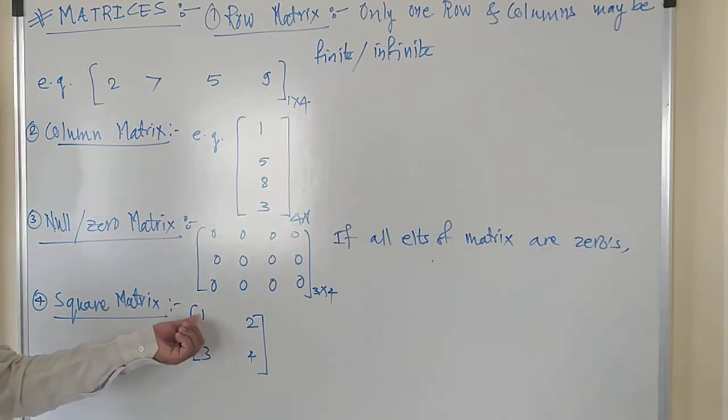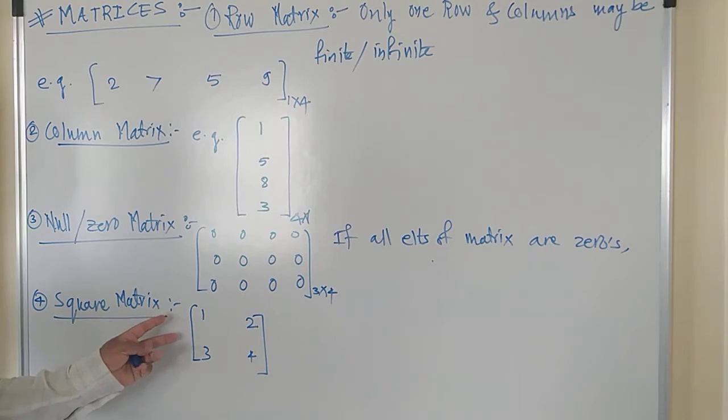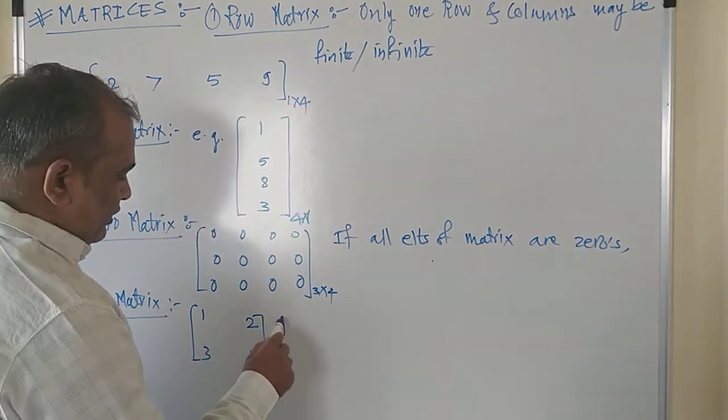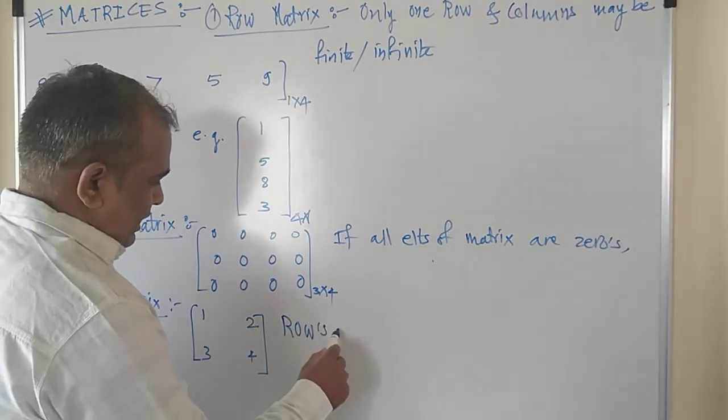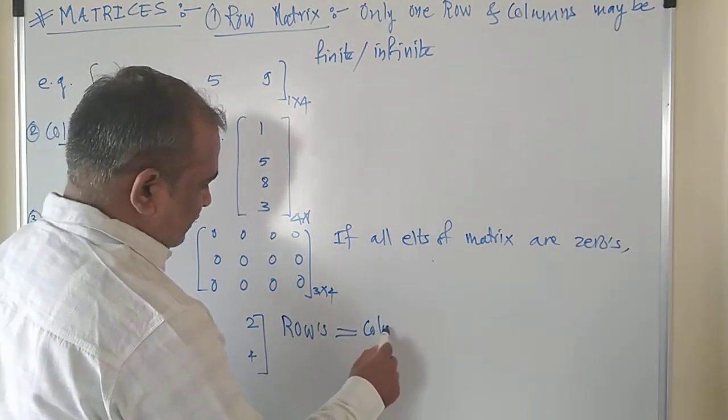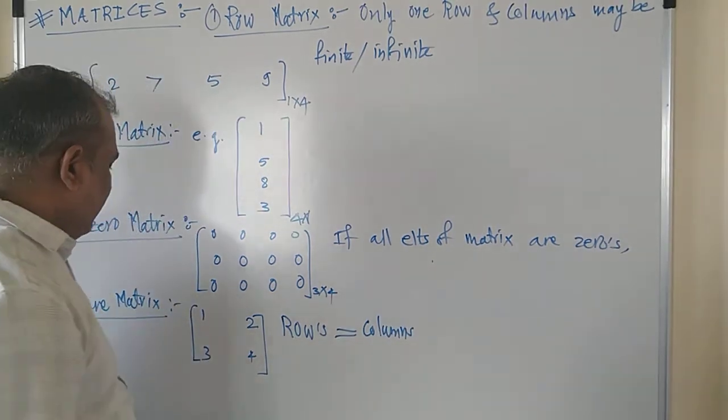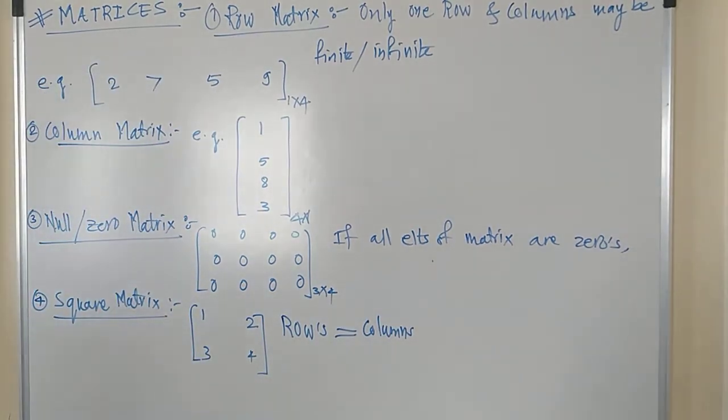The elements may be anything. The number of rows and number of columns must be the same. So I can write: rows and columns are equal. It's called a square matrix.